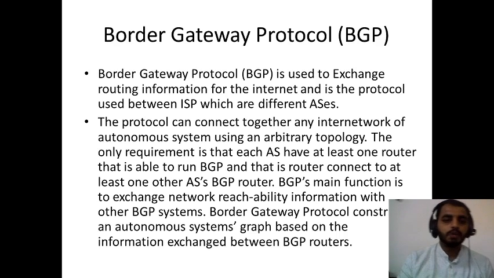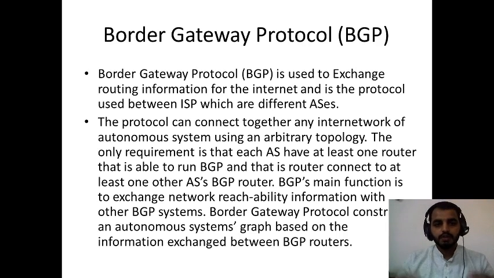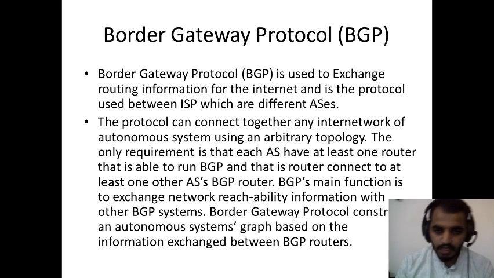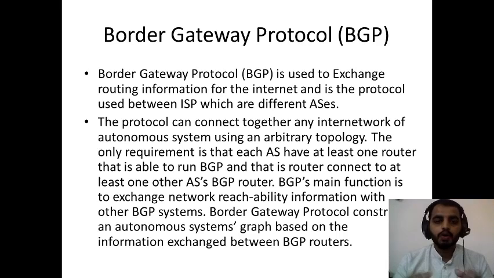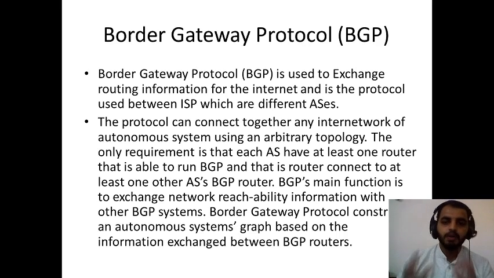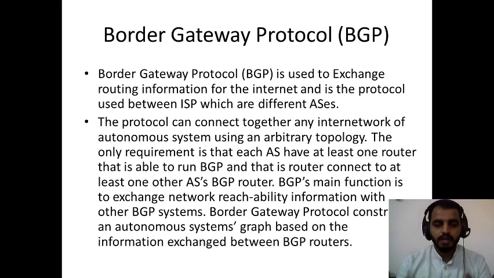If you want to communicate with people studying in semester 7, you will be using Border Gateway Protocol. If you want to communicate within the 5th semester, you will be using OSPF. So this is the major difference between Border Gateway Protocol and OSPF. To make you understand, I gave you this small example. Don't write this example in an examination.